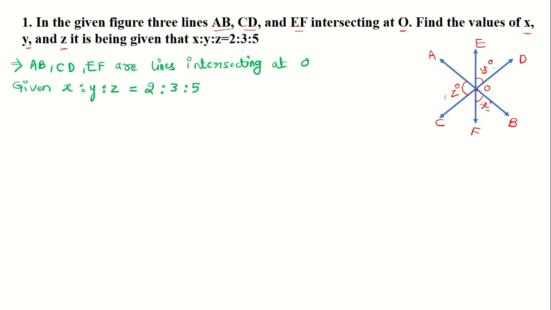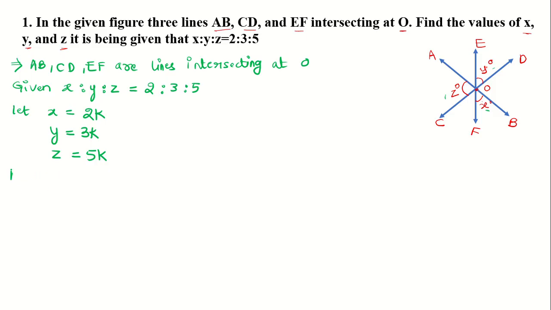Now, let x equal 2k, y equal 3k and z equal 5k. It is given in the question that x, y, z are in the ratio 2:3:5. Let us assume x as 2k, y as 3k, z as 5k.